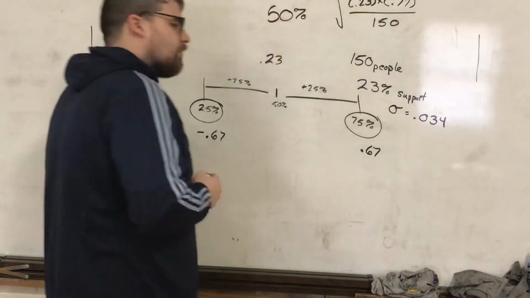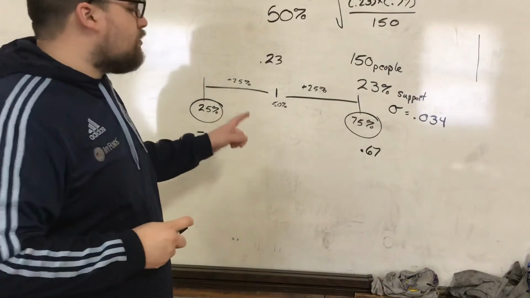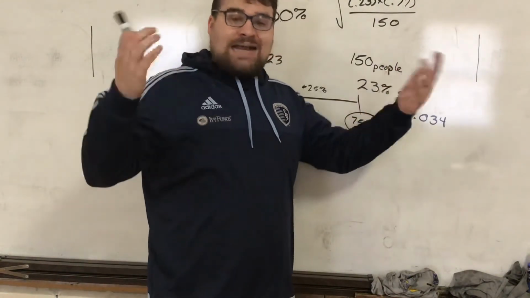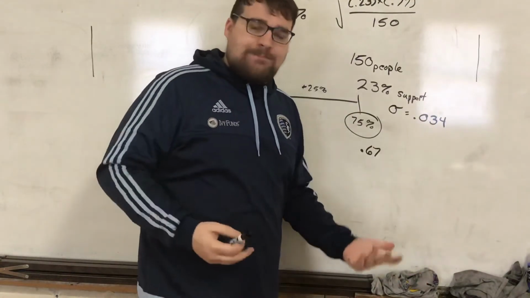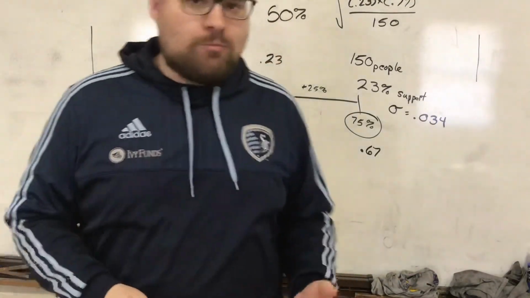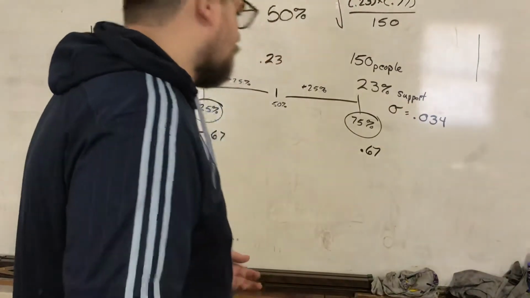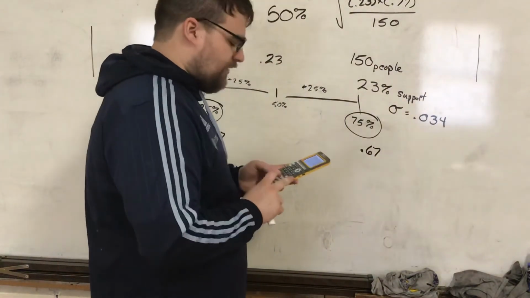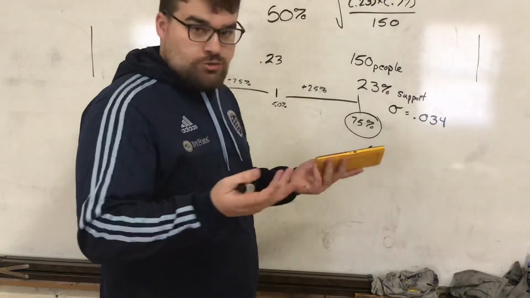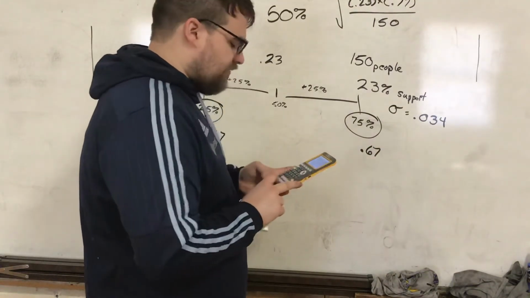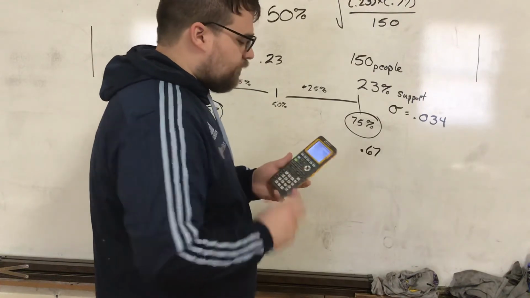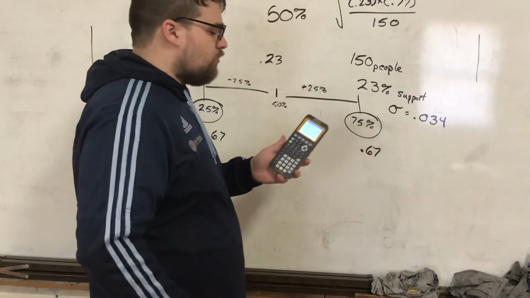So if we only need to go 0.67 standard deviations outside of that mean, then what we can do is figure out what 0.67, or about 2/3 of that standard deviation, is. 0.67 times 0.034, we find out that's 0.022.